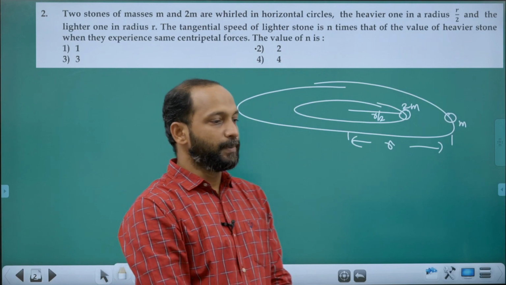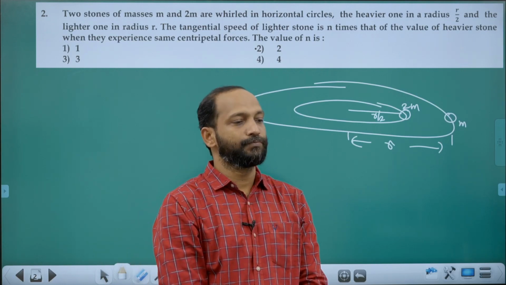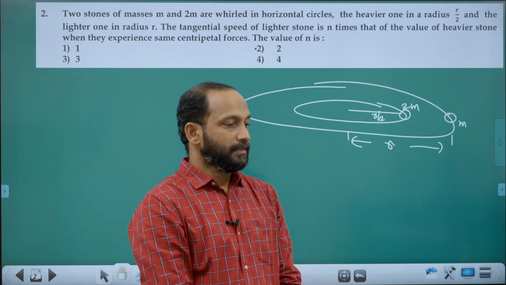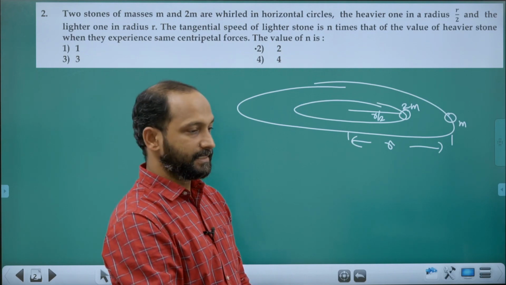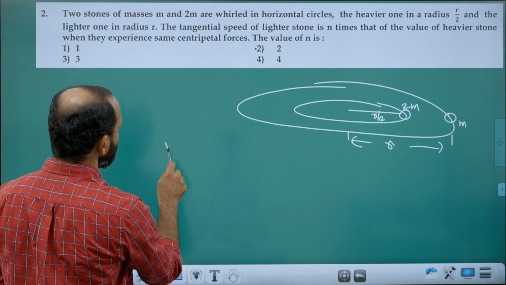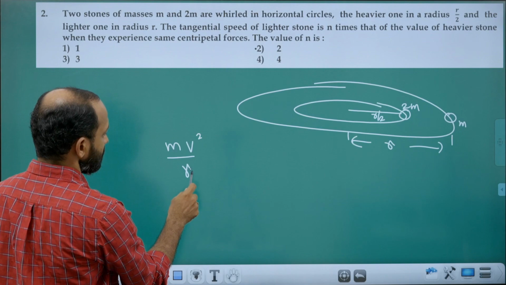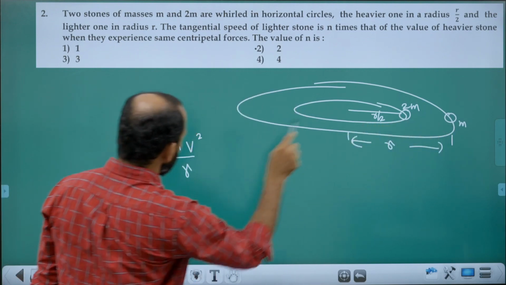The tangential speed of the lighter one is n times that of the heavier stone. Then they experience the same centripetal forces. The value of n is the question. Same centripetal force. Formula for centripetal force, m v square divided by r. For the heavier one, mass is 2m.